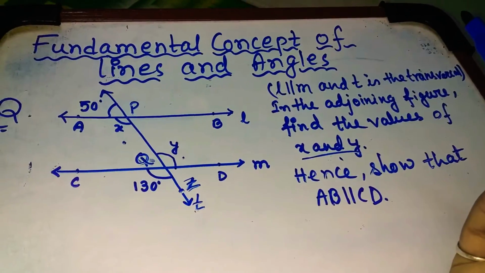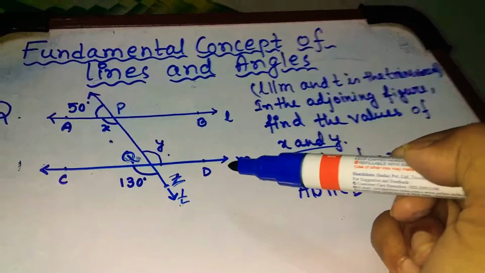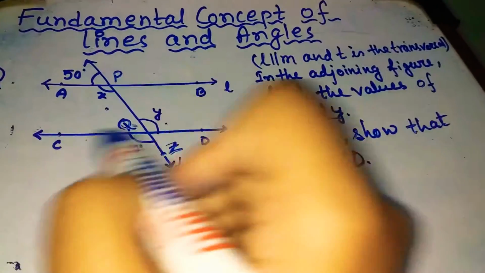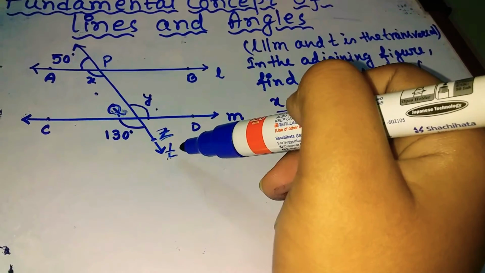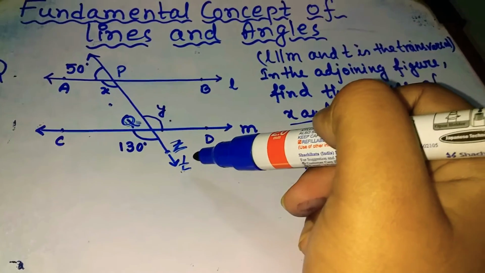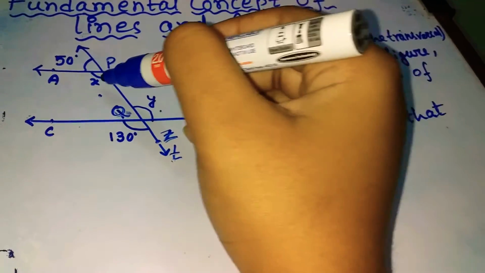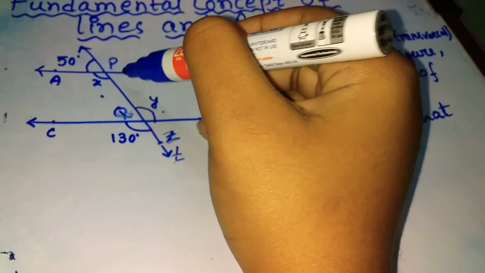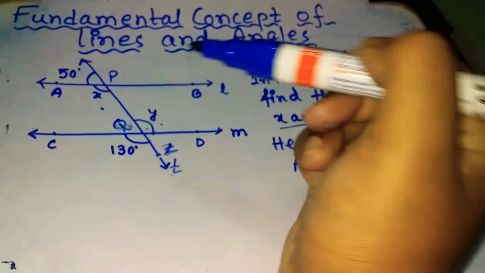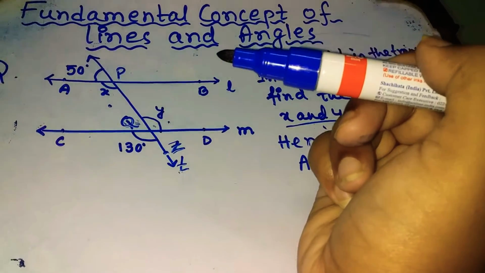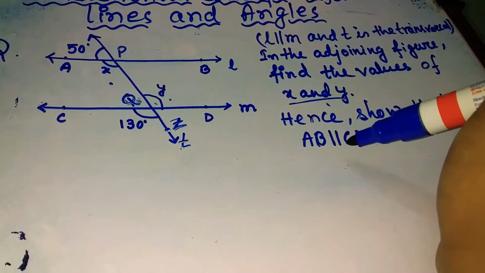So using that we will prove AB parallel to CD. If we think AB and CD are two lines which T cuts through, then if we prove that two consecutive interior angles, this angle and this angle, or this angle and this angle, sum to 180 degrees, then AB will be parallel to CD.